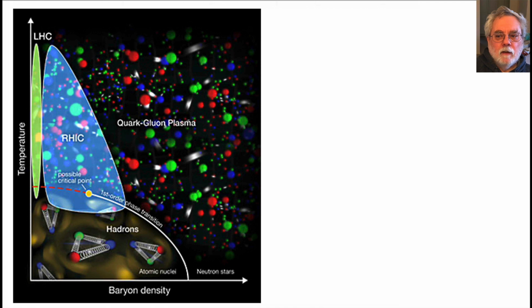Energy density fell by a factor of 10,000 since 1 microsecond. The high temperature, high density liquid-like quark-gluon plasma throughout the universe became less dense than a proton's internal energy density.